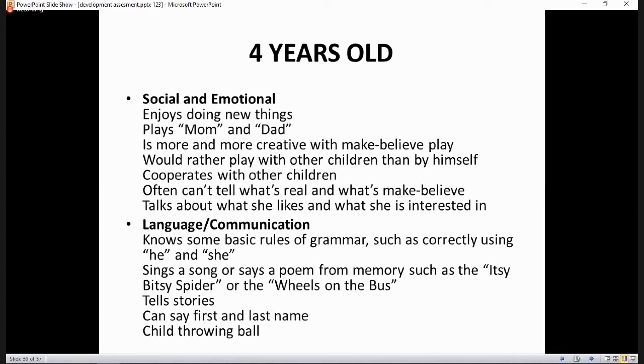In the language, they know basic grammar such as he or she. They can sing songs, say a poem from memory such as Wheels on the Bus, tell you a story, say first and last name, and can also throw the ball.